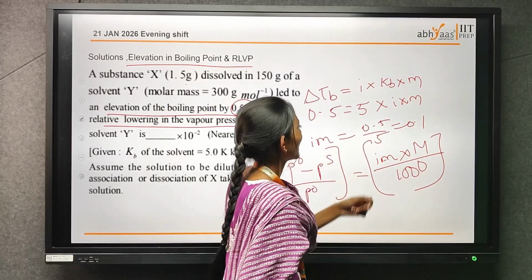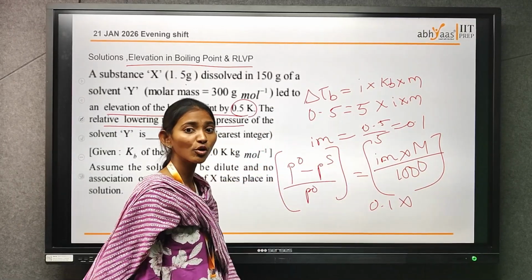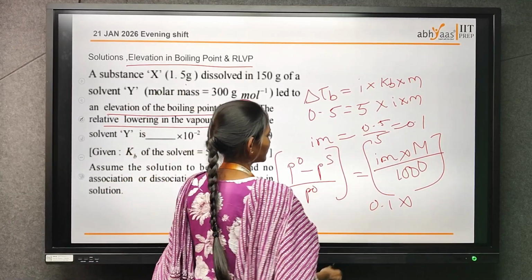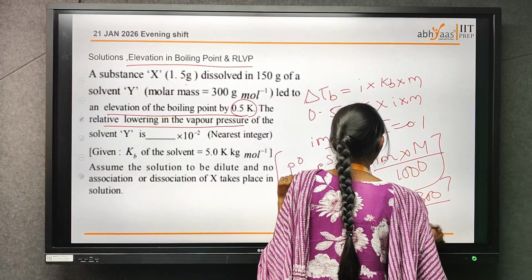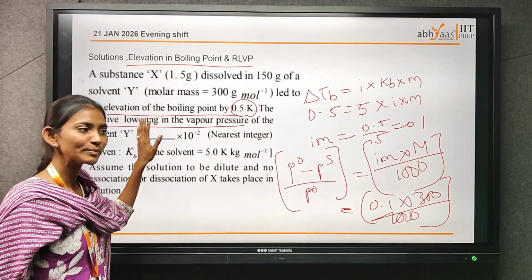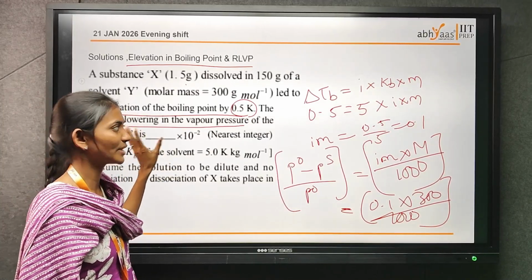The im value is 0.1, into the molecular weight of the solvent, which they have given as 1.5 300, upon 1000. By doing the calculation you will get the nearest value. This is not that lengthy but somewhat tricky.